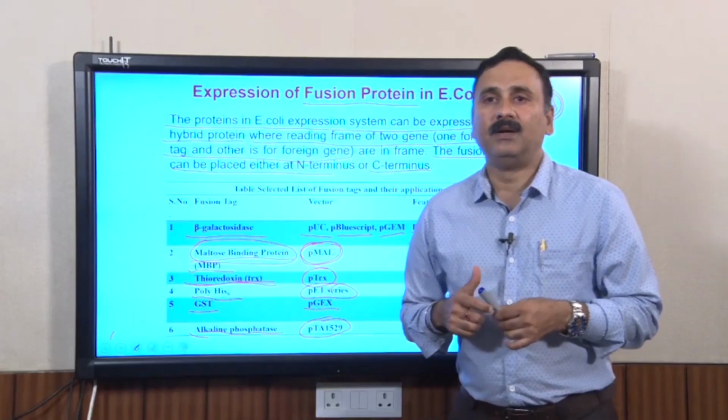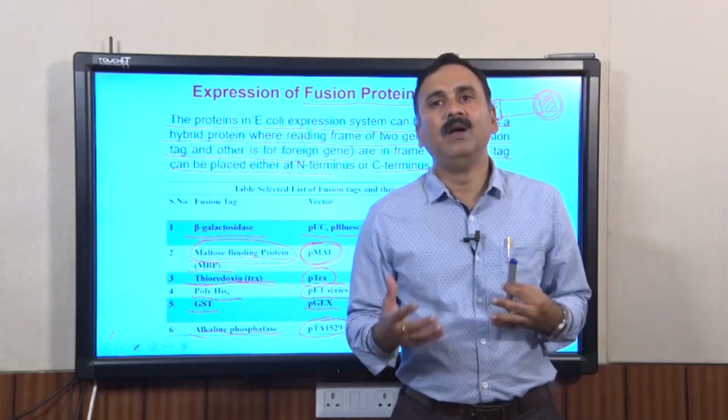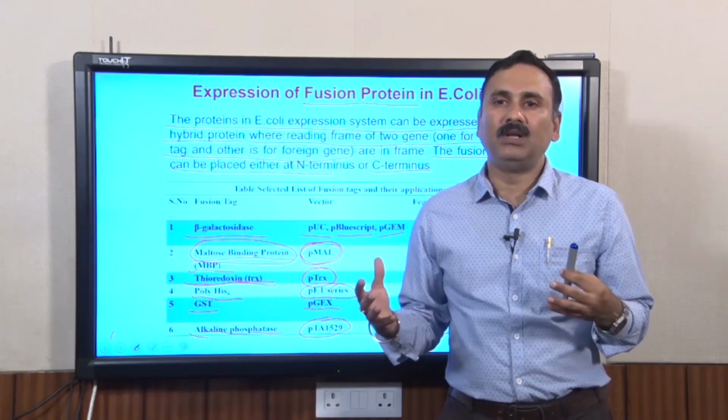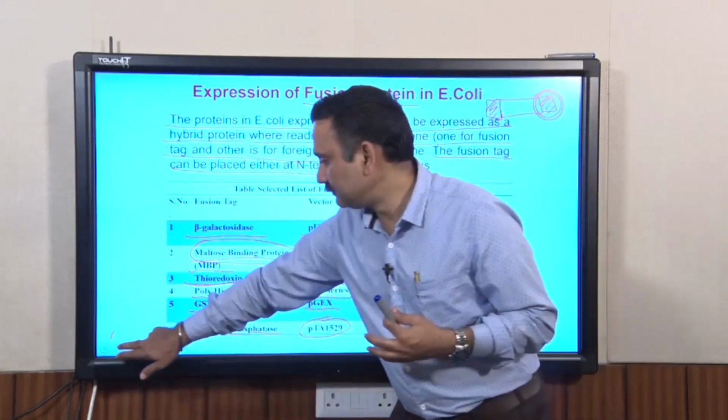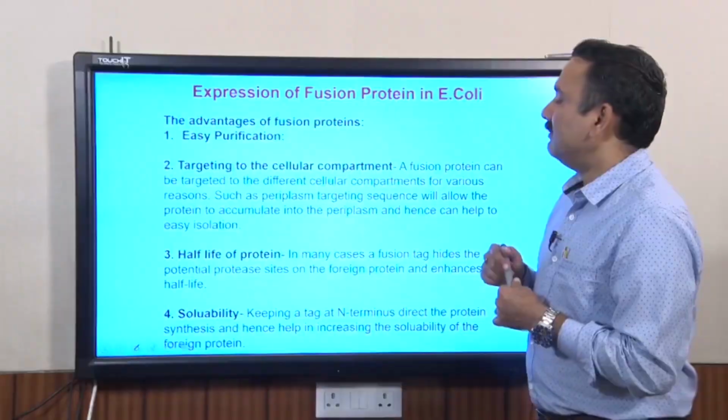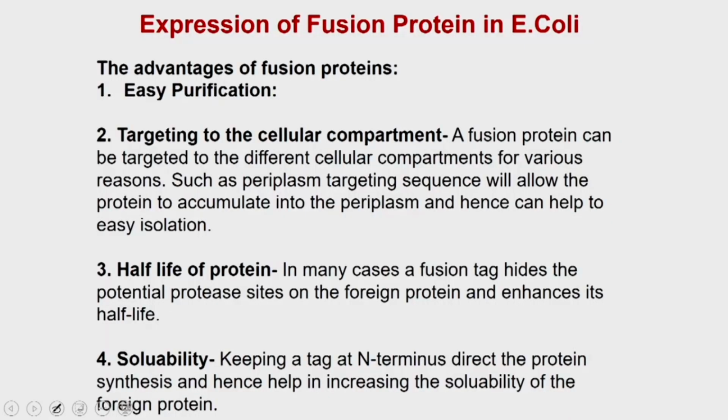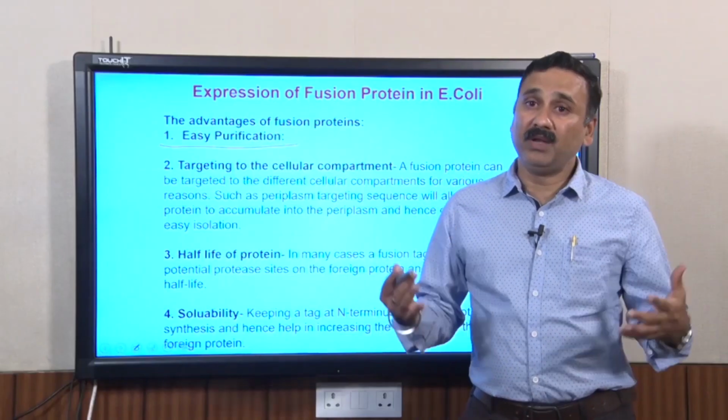So, what is the advantage of producing proteins in E. coli with a fusion tag? You have multiple advantages if you are expressing the protein as a fusion protein. One prominent advantage is that it allows easy purification.